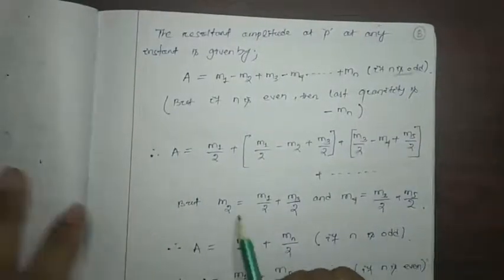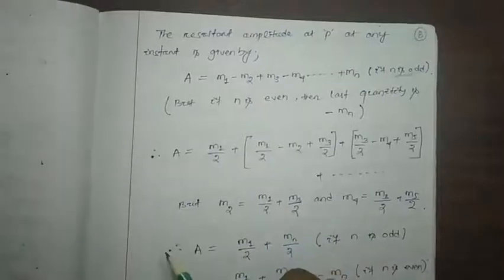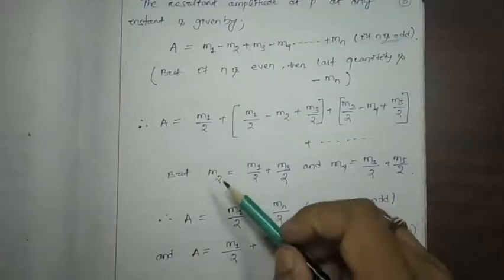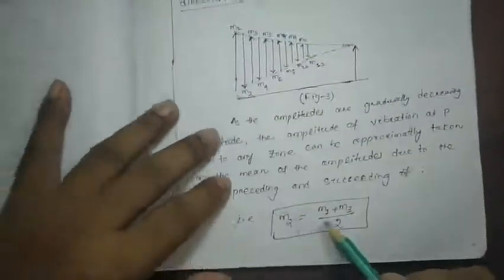But M2 is equal to M1 by 2 plus M3 by 2, the mean of these two, as we got on the last page.